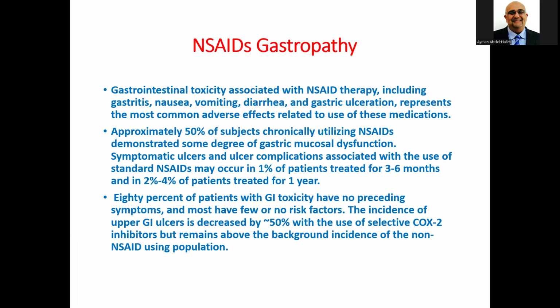80% of patients with GI toxicity have no preceding symptoms, and most have few or no risk factors. The incidence of upper GI ulcers is decreased by less than 50% with using selective COX-2 inhibitors, but remains above the background incidence of the non-NSAID using population.